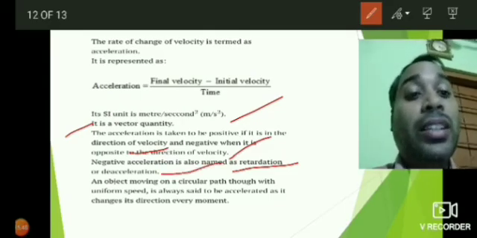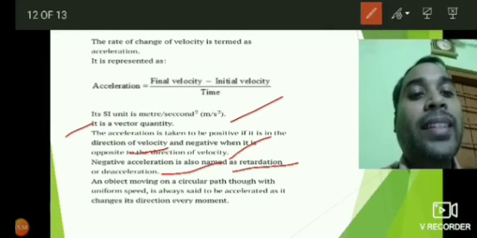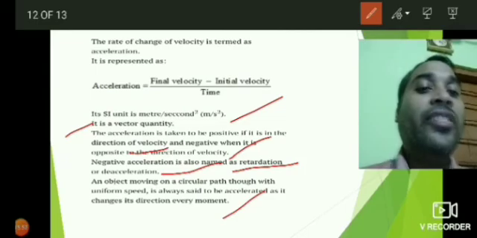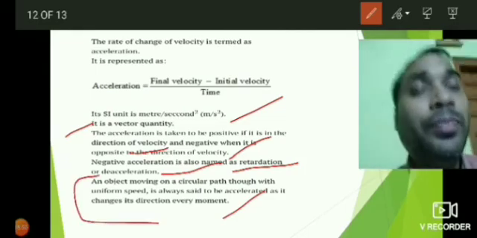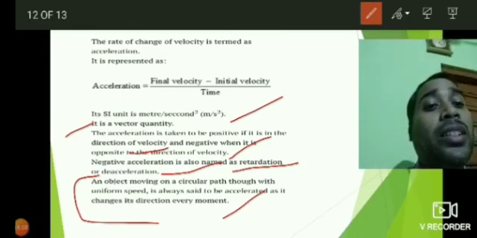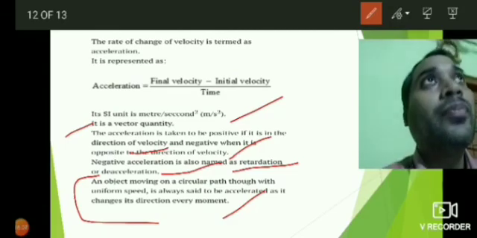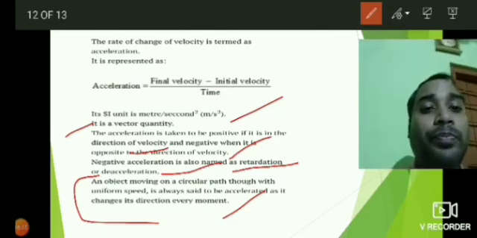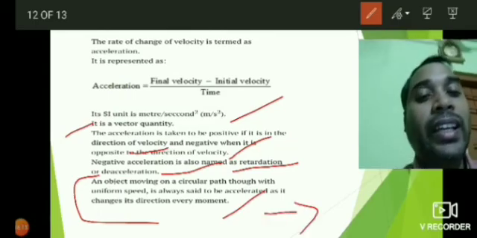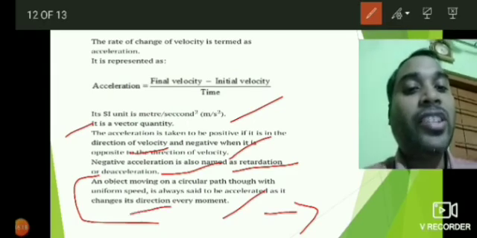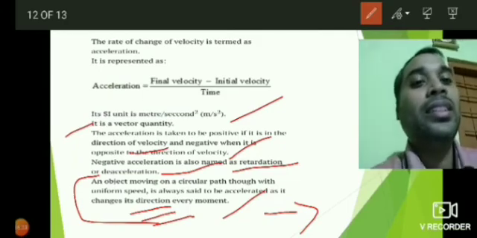An object moving on a circular path, though with uniform speed, is always said to be accelerated as it changes direction at every moment. We have already discussed this in the topic uniform circular motion, because uniform circular motion is an accelerated motion, even though the motion is uniform. So this is an exception where you have to understand why it is an accelerated motion: because it changes its direction. So changing direction means it is in acceleration.